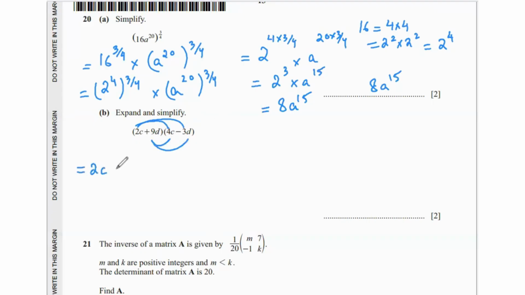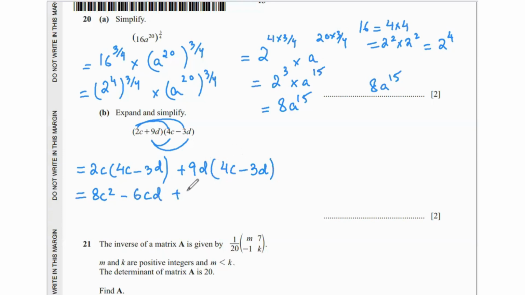So that's 2c times 4c minus 3d plus 9d times 4c minus 3d. 2c times 4c is 8c squared. 2c times negative 3d is going to be negative 6cd.